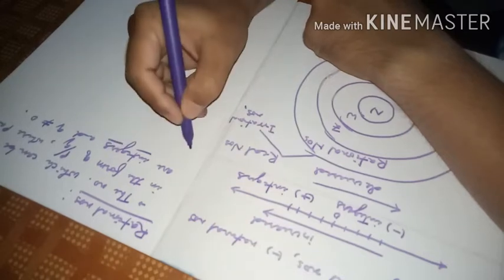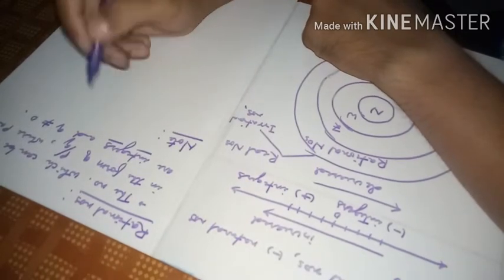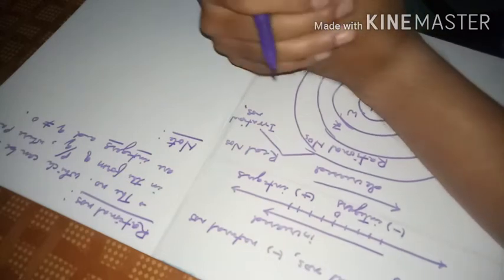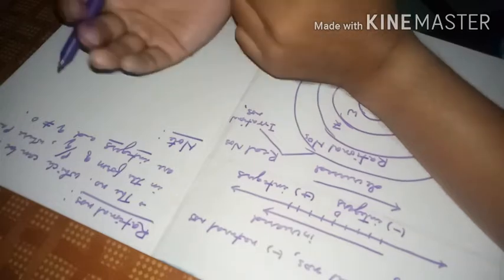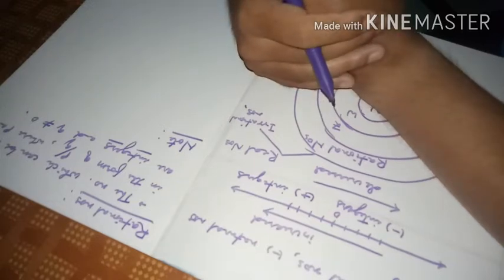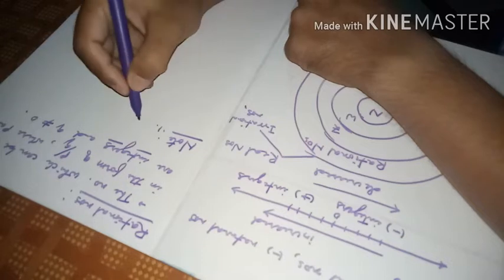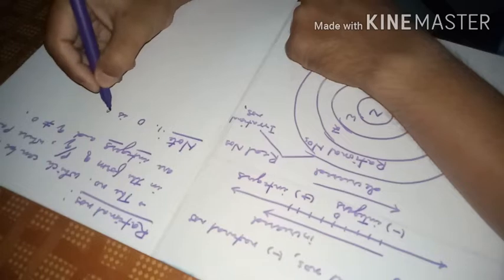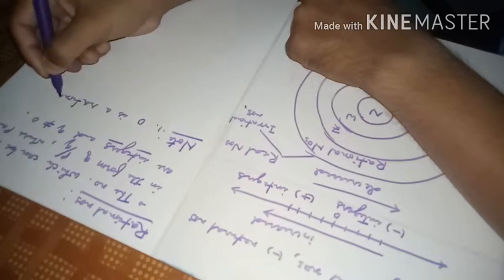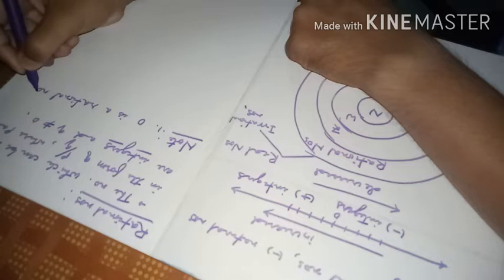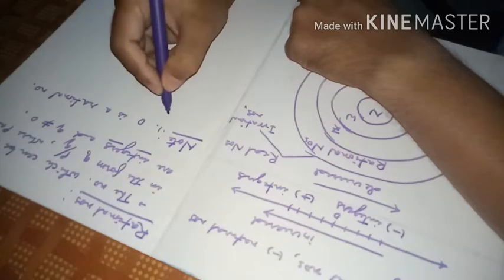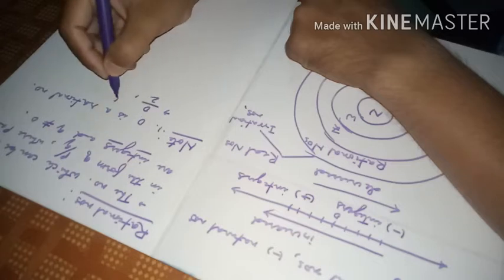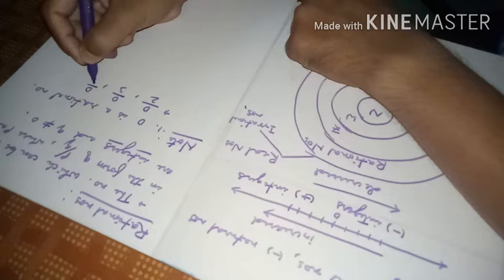Here we can note down some important points: whether 0 is a rational number or not, whether 2 is a rational number or not, whether 5 is a rational number or not. Now, 0 is a rational number. Why? Because 0 can be written as 0 by 2 or 0 by 3 or 0 by 1.